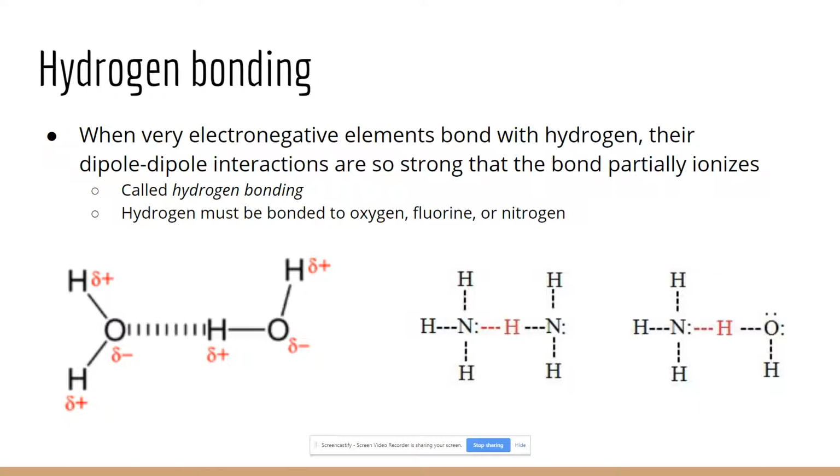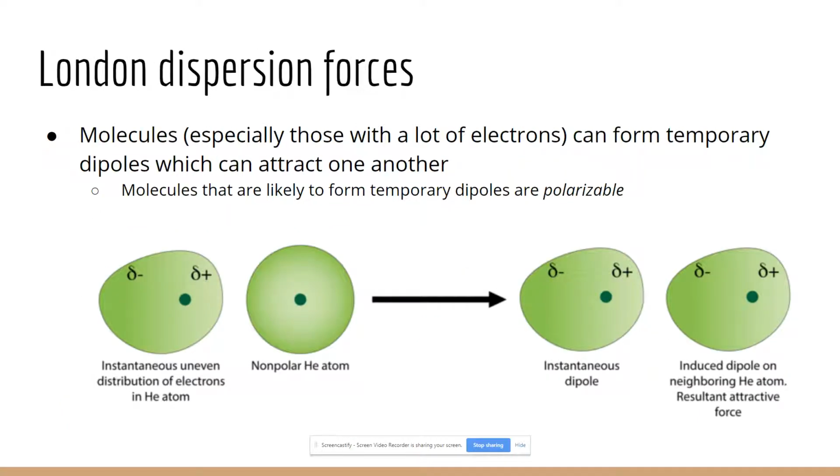When hydrogen bonds to oxygen, fluorine, or nitrogen, it actually partially ionizes, meaning that the bond is so polar that it gets a little bit closer to ionic bonding than to covalent bonding for that moment. And this is just an especially strong intermolecular force. This is why water has such a high boiling point compared to other H2 compounds in that group, compared to, say, H2S even. Pause here. You don't need to draw the picture.